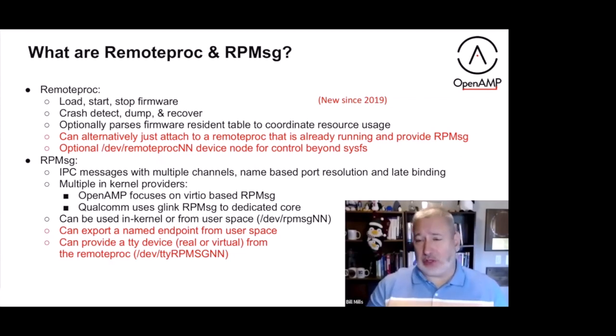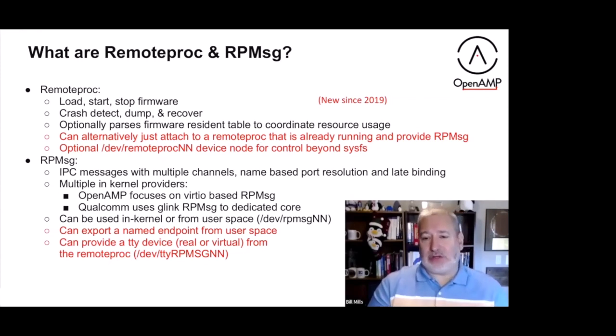It can optionally parse a firmware resident resource table that describes to the person loading it, normally the kernel, what resources that firmware needs, and this is how the remoteproc host, the kernel normally, knows what resources the remote processor needs, and this is how they coordinate on it.